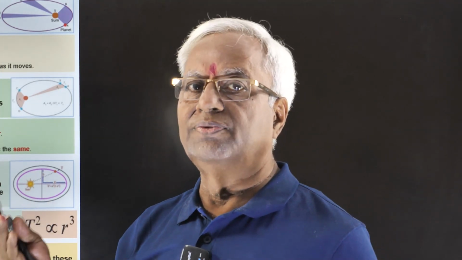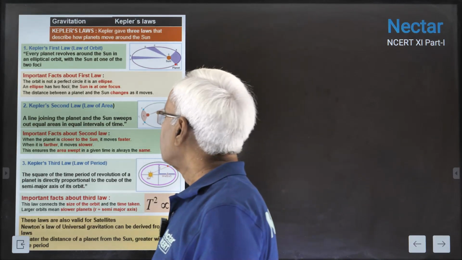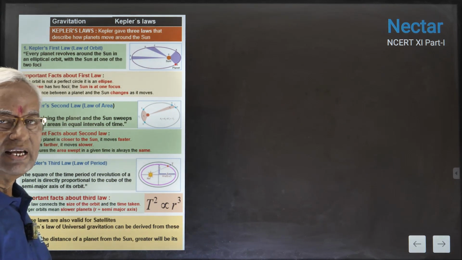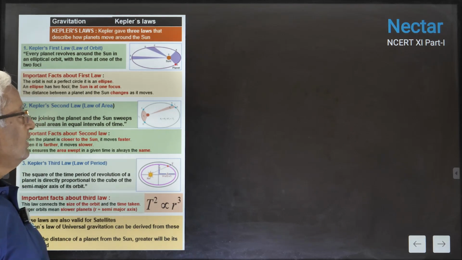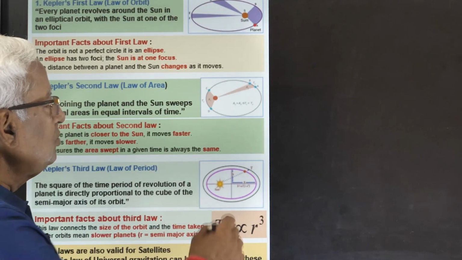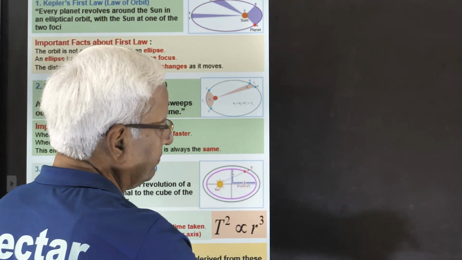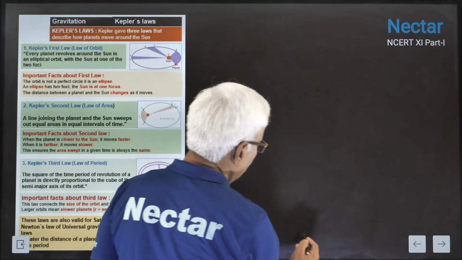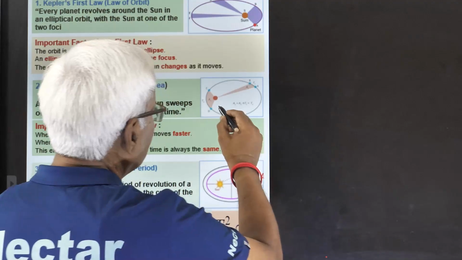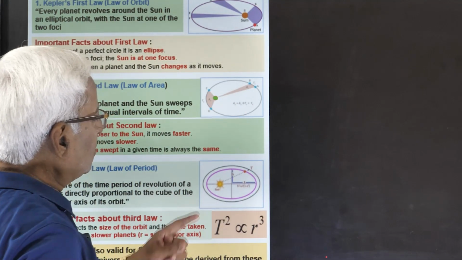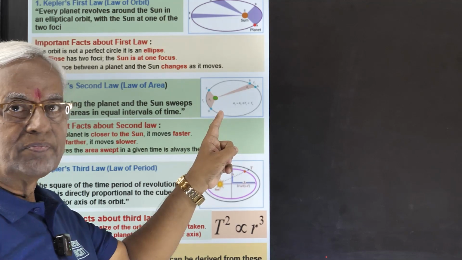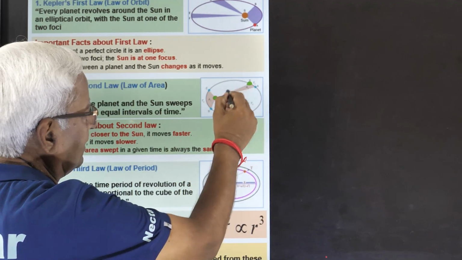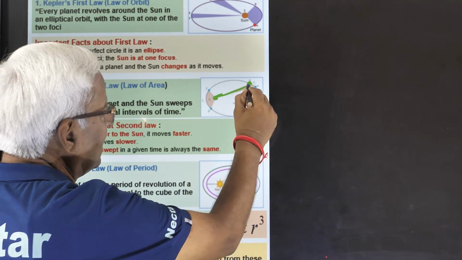go on changing. Then the second law is known to be the law of area. It says that the line joining the planet, see, this is the figure that has been shown here for the planetary motion. This is the location of the Sun here, and suppose the planet is at this very point, so we just imagine this line.